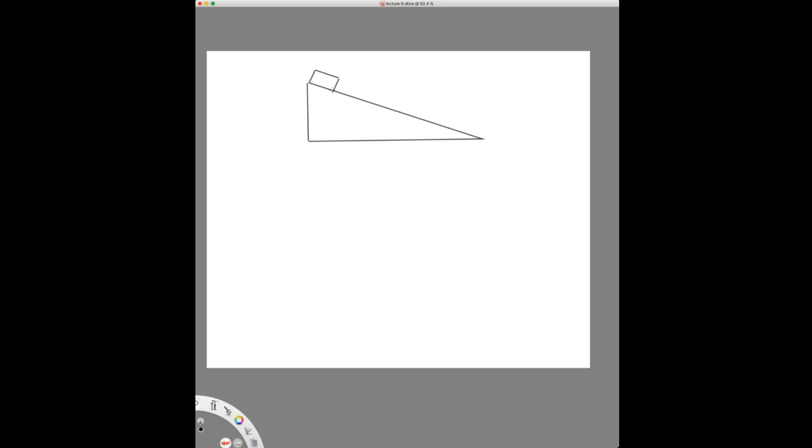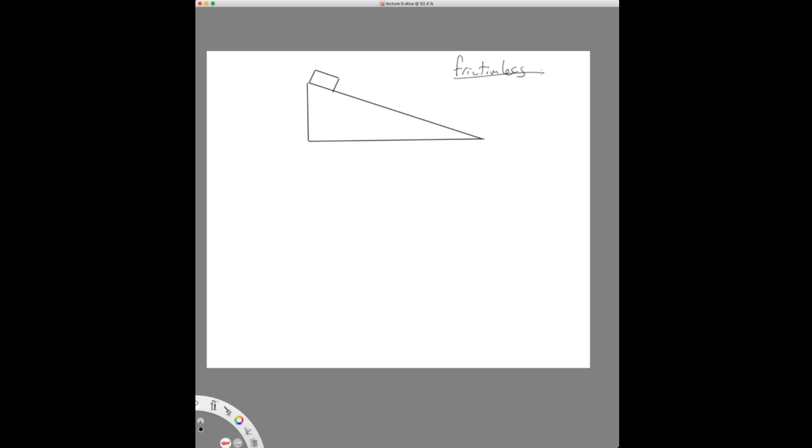It's a frictionless wedge. We're still probably doing all frictionless today. I want to know the acceleration of this block as it slides down this frictionless wedge.